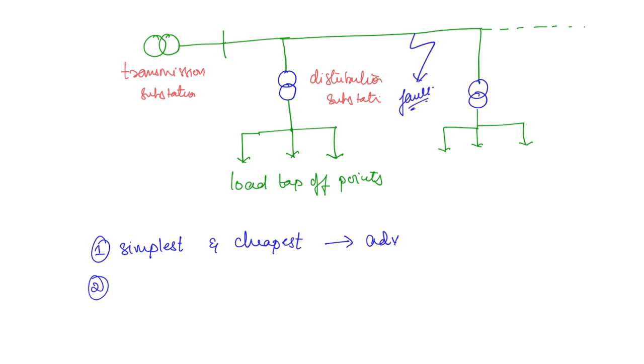Now what is going to happen? This distribution substation will get the power, but every other distribution substation which is beyond this fault point is not going to receive the power. So that means there is no reliability of the distributor.